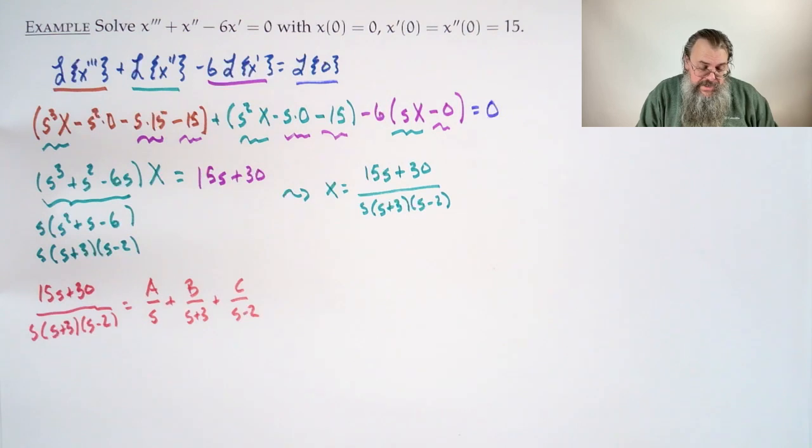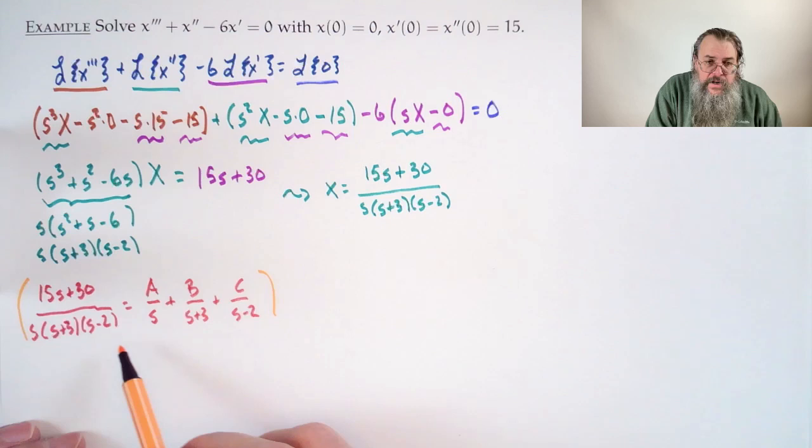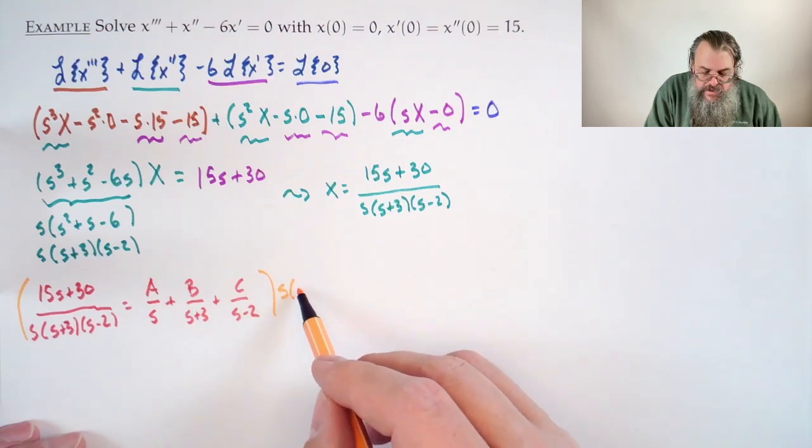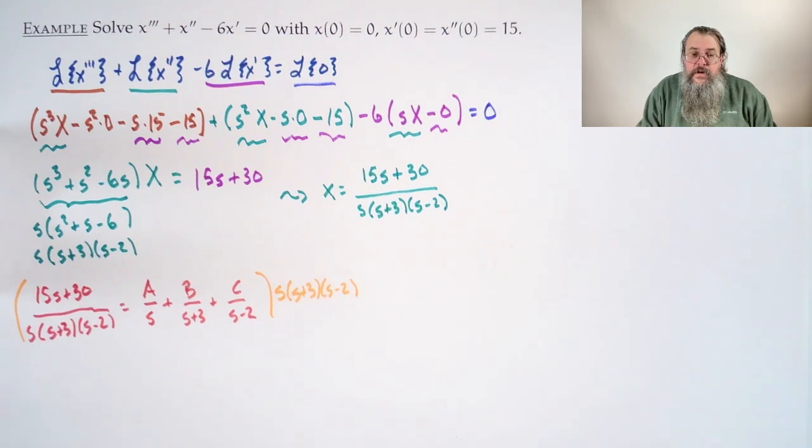Clear out your denominators. And the way we do that is we say, hey, do these terms have anything in common? The denominators, well, yeah, of course they do. What you do is you look at this part, say, I'm going to multiply everything by what I see there, s plus 3, s minus 2.